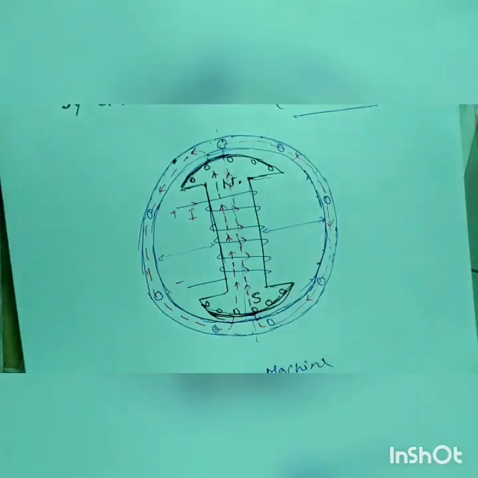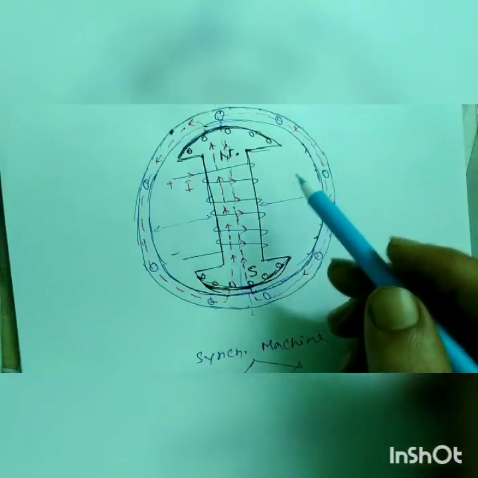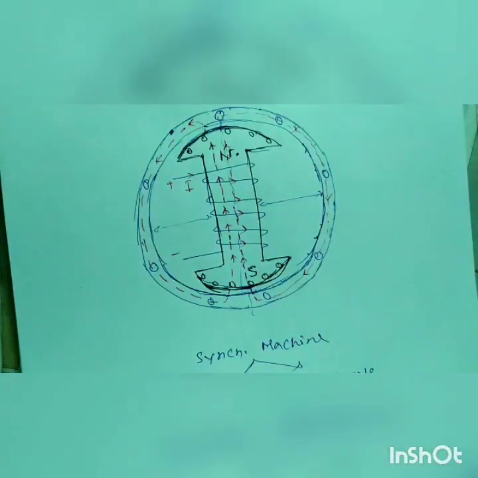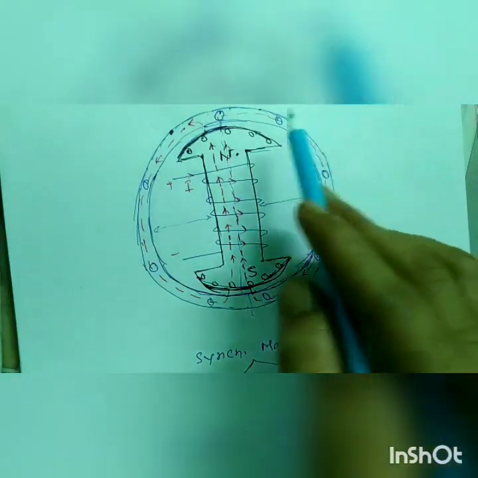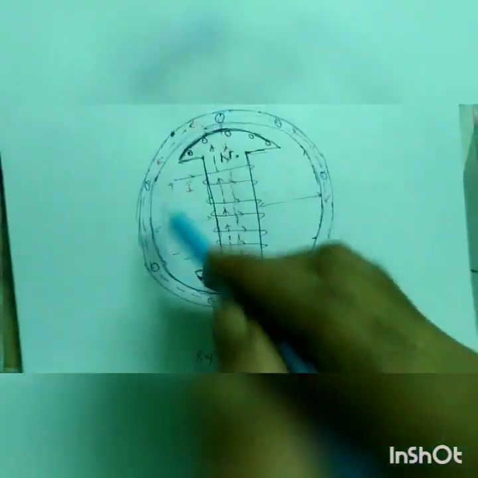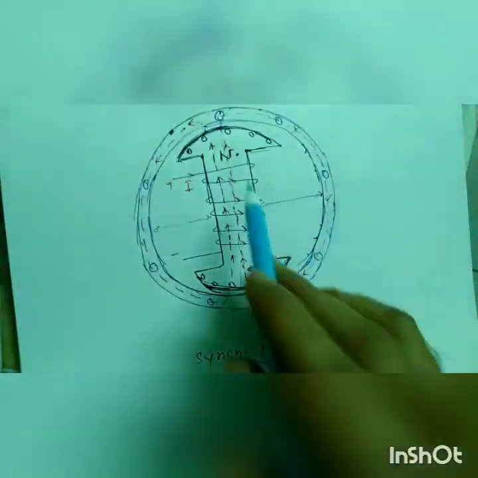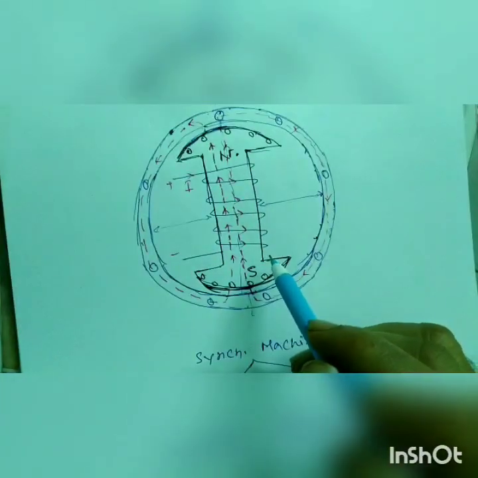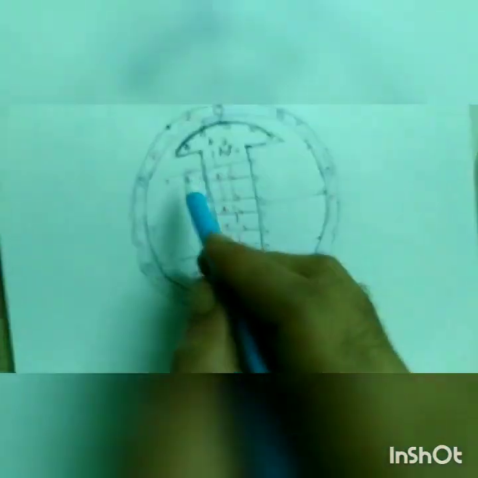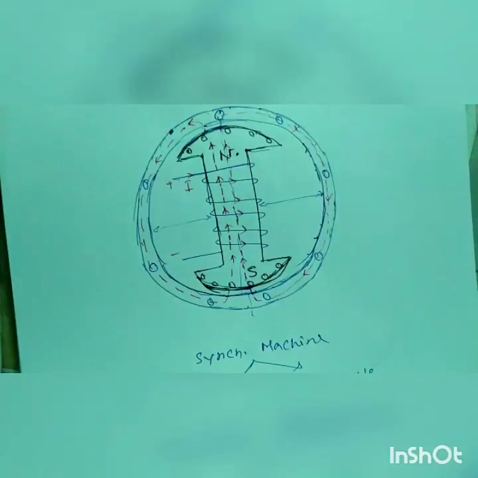In a synchronous machine, the armature winding is placed in the stator and the field winding is placed on the rotor side, and we excite the field winding with a DC source.